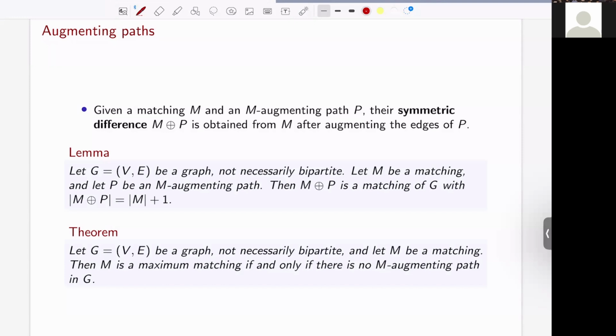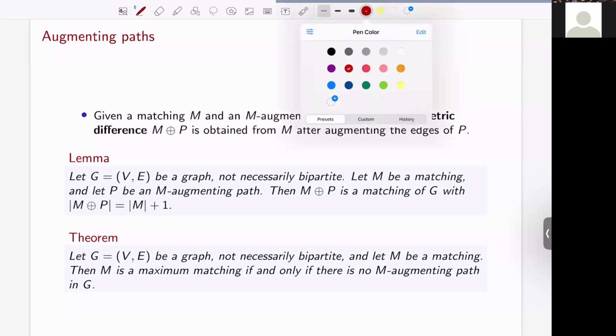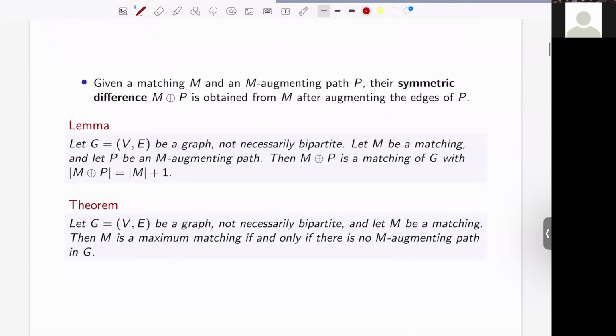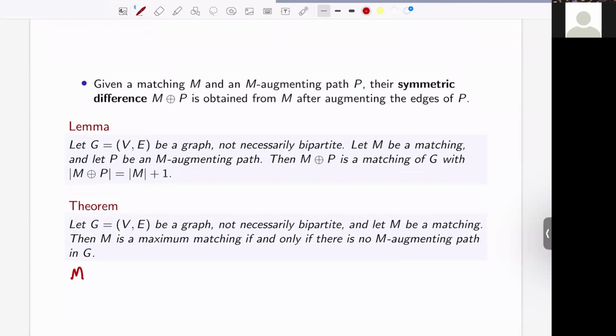If you remember the proof idea, M is not a maximum matching, and M prime, let's say, is the maximum matching.